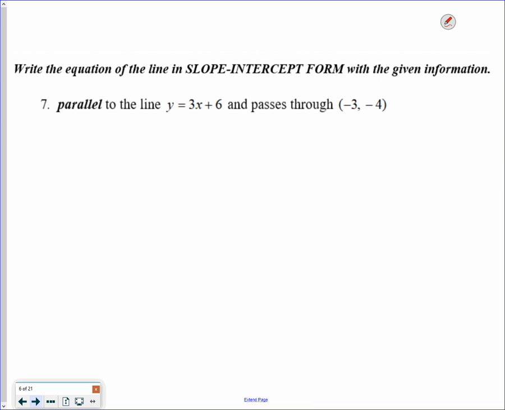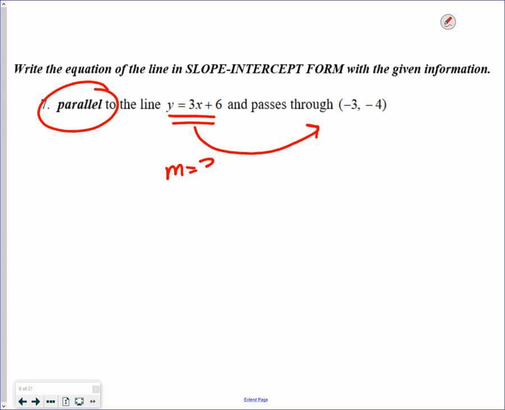More point slope formula. Now we're talking about the word parallel. Anytime you're given the word parallel or perpendicular, you need to understand that you're going to be given something, and you're going to need to use that to write an equation. So parallel means same slope. I look at the original line, and it has a slope of 3, which means the parallel line also has a slope of 3.